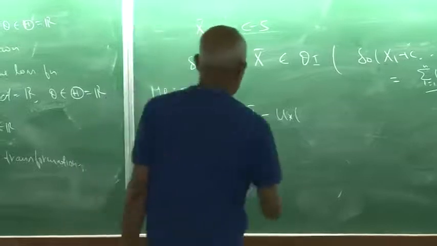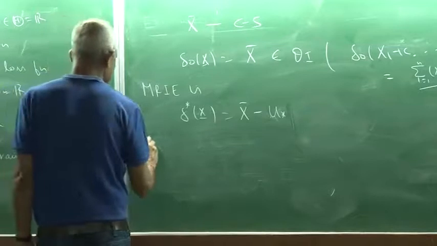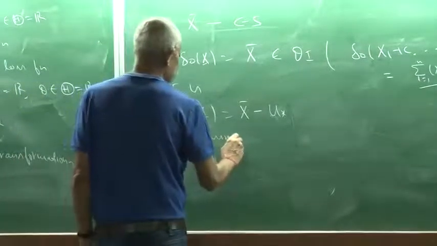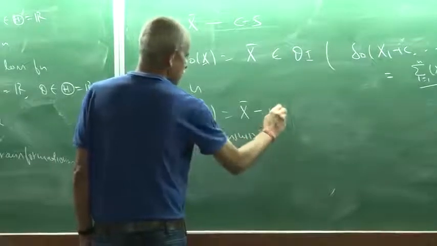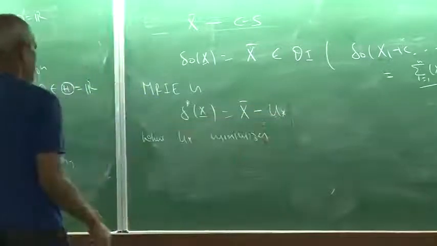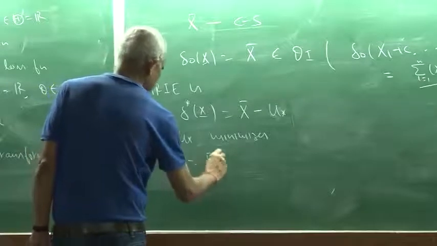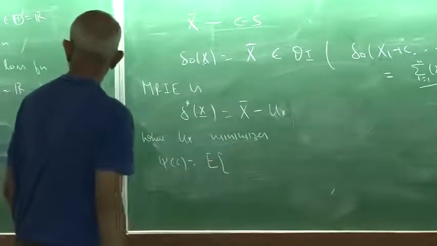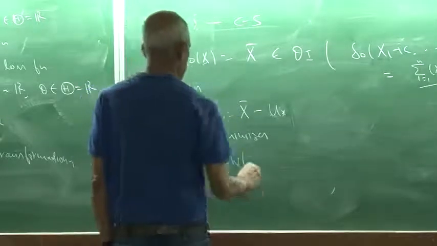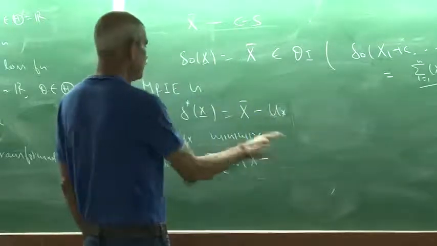So this u star would be a constant, where u star minimizes, generally it should have been u star d, where u star d minimizes psi of c, which is the expected value of W of (x bar minus u d) given D equals d.